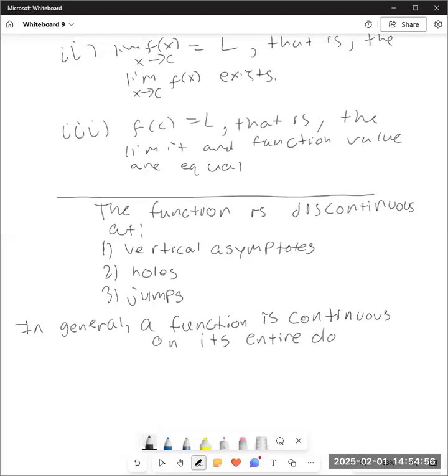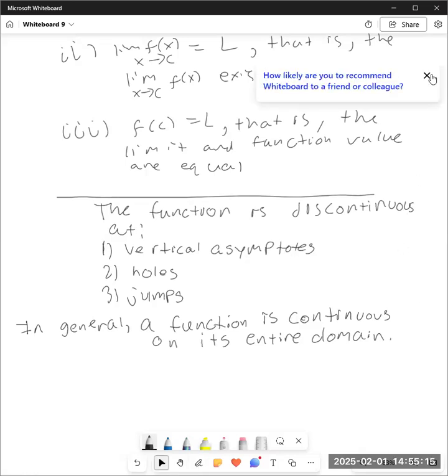There are a few exceptions, but in general, that's going to be what we're looking for. When we ask you where a function is continuous, you can almost think of that as the question from pre-calculus: what is the domain of this function? So let's go ahead and get started here.